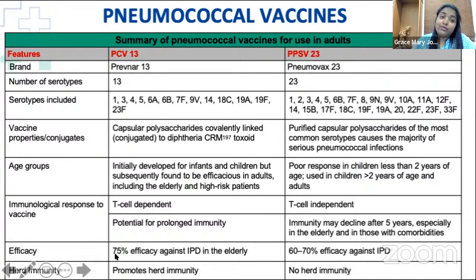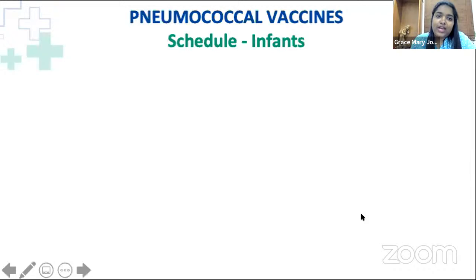PCV, the good thing is that it promotes herd immunity. So if a lot of children are getting this on a universal basis, it is very possible that we can get rid of pneumococcal infections to a very large extent. But this herd immunity is not provided when it comes to the PPSV vaccine.